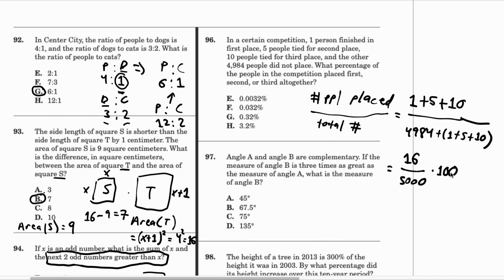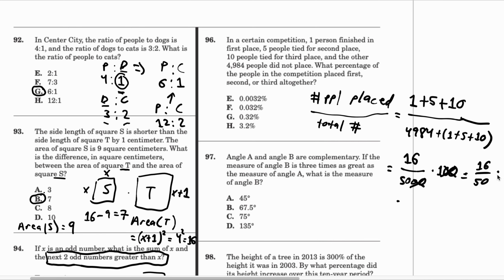I have 2 zeros here in the 100, so I'm going to cross out 2 zeros in the denominator. That's just equivalent to dividing by 100. So now I rewrite this as 16 over 50.